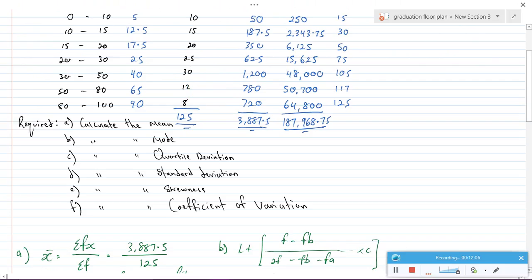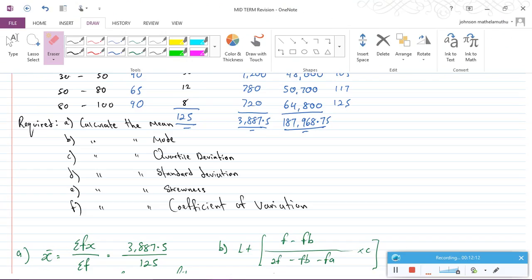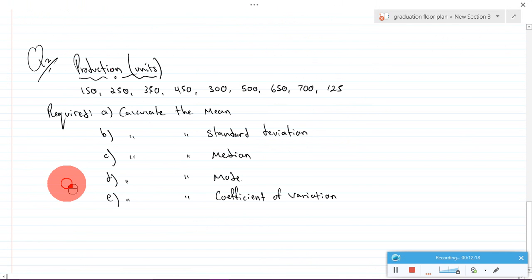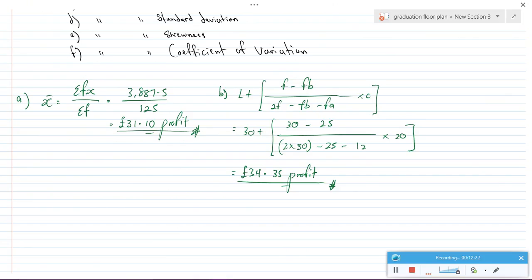So that is for my F C. So that's Q1, Q3, L plus total F divide 4 times 3 minus M over F times C. So let's find the Q1 and Q3.